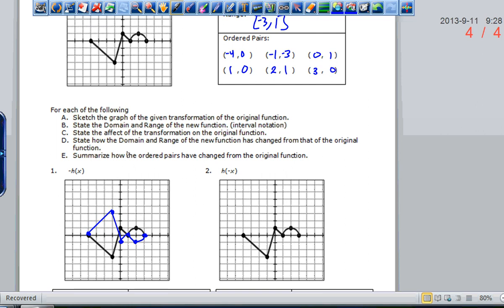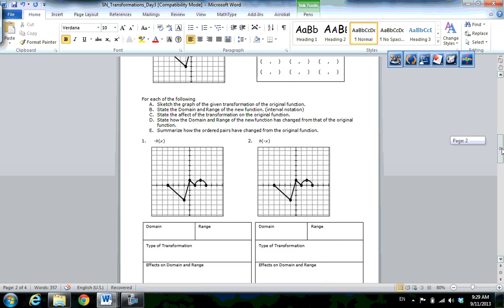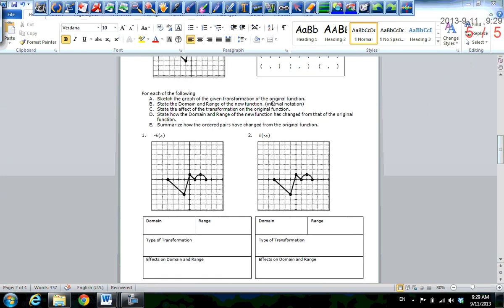All right, we already sketched the graph. Let's do domain and range real quick. Did my domain change at all? No, so my domain is still from -4 to +3. My range, do we have a spot at the bottom for that? Okay, sorry. My range flip-flopped, right?